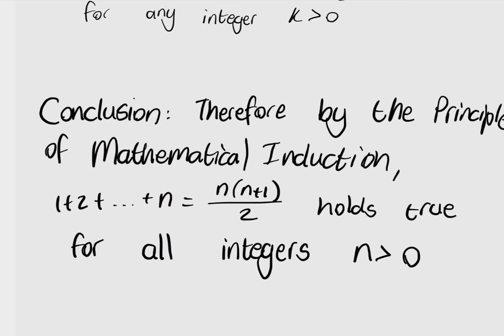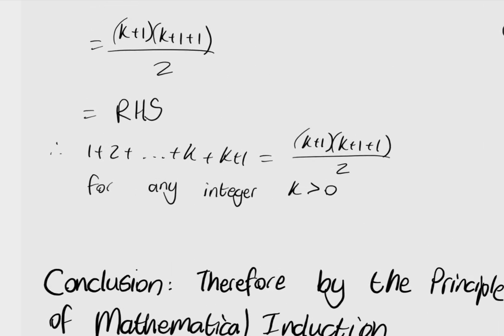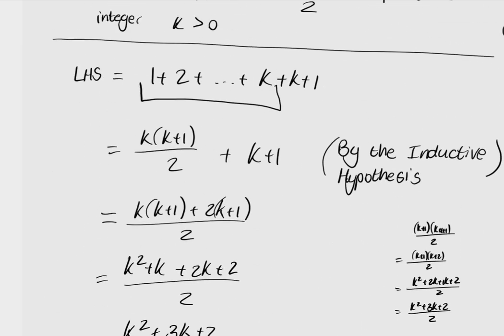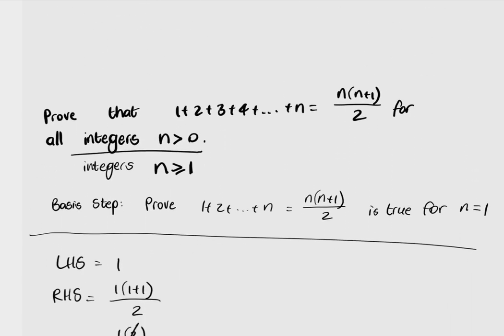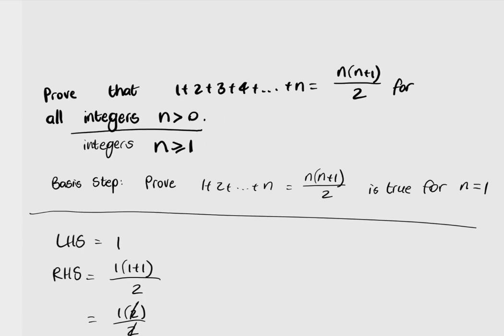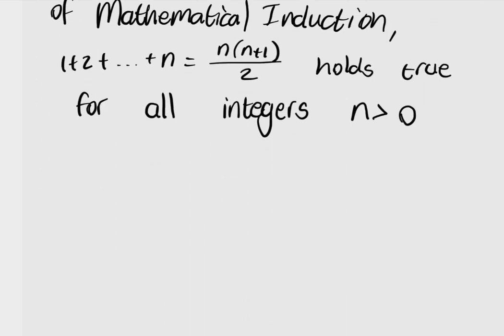Therefore, by the principle of mathematical induction, 1 plus 2 plus all the way up to n holds true for all integers n greater than 0. So that is all for mathematical induction for this video, not for mathematical induction in general. In the next video I'll go into further detail and further examples.